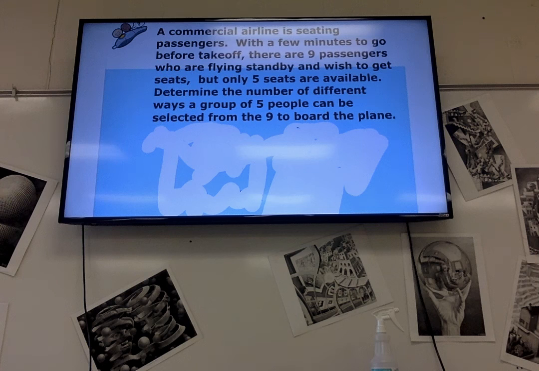I'm not trying to trick you. This is a combination. There's only 5 seats left, and I didn't say that any of them were in first class or anything, so it doesn't really matter. Order doesn't matter.